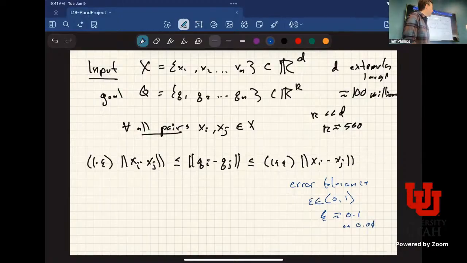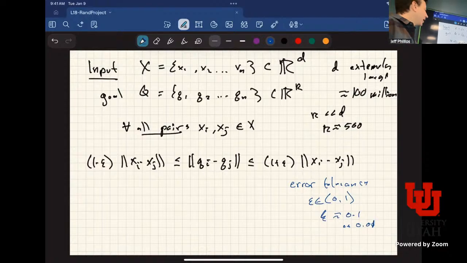So either within 10% or maybe within 1% of the distances. Okay, so if distance is really small, I want them to still be small. Distances that are large, I can change in their absolute distance, so some amount, but the relative scale should be about the same. So large distances stay large and small distances stay small.